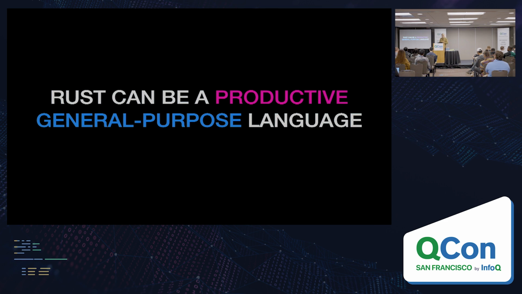Okay, so what's my point with all this? I do think Rust could be a great general purpose language, including for those higher level use cases like database applications, where productivity is more important than performance. But there's still some work to get there, right? I think primarily we need a more fleshed out ecosystem for those higher level libraries, and I'm trying to do my part.